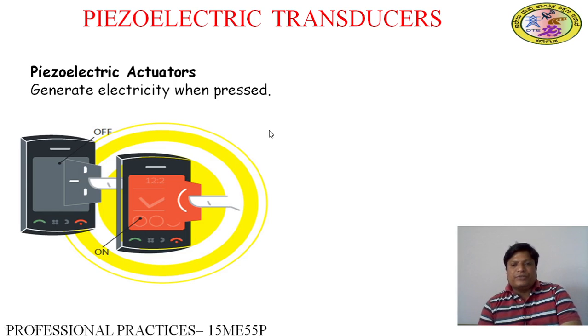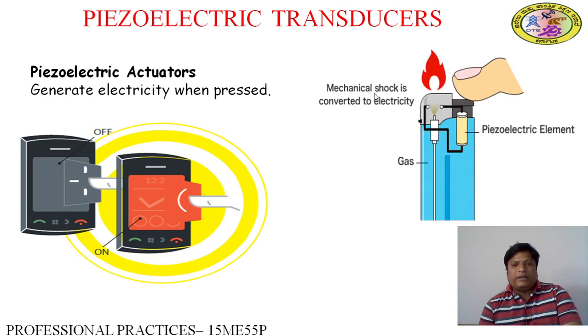Piezoelectric transducers: here the piezoelectric elements generate electricity when pressed. Similarly, mechanical shock is converted into electricity using the piezoelectric element. This is a gas lighter.